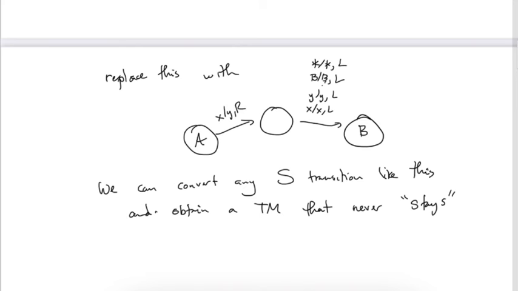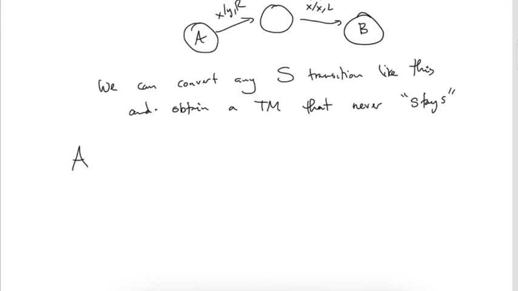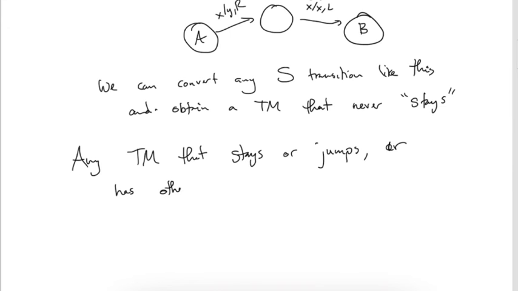So I will say any Turing machine that stays or jumps or has other types of movement, all of these are really, theoretically speaking, equivalent to ordinary Turing machines.